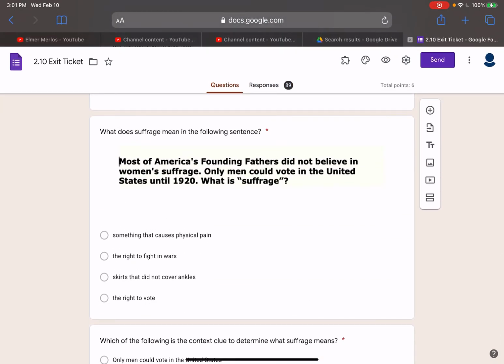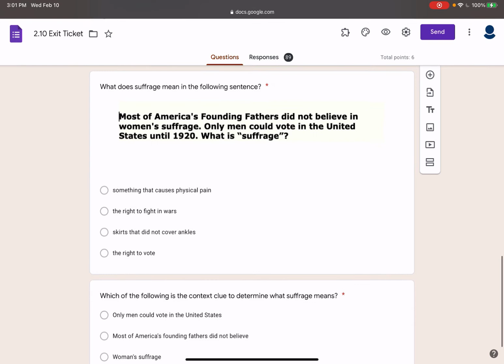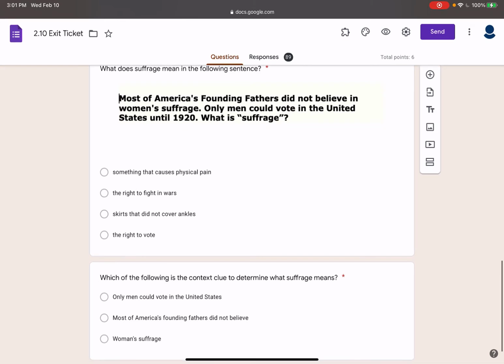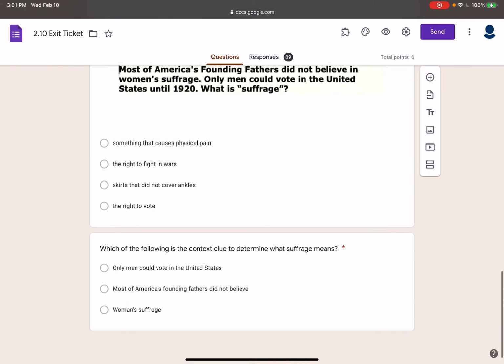Most of America's founding fathers did not believe in women's suffrage. If I gave you that by itself, you will have a hard time understanding what suffrage means. Suffrage sounds like a bad thing, right? Like not voting, but suffering. Only men could vote in the United States. So that means that most of our founding fathers did not believe in women having the right to vote.